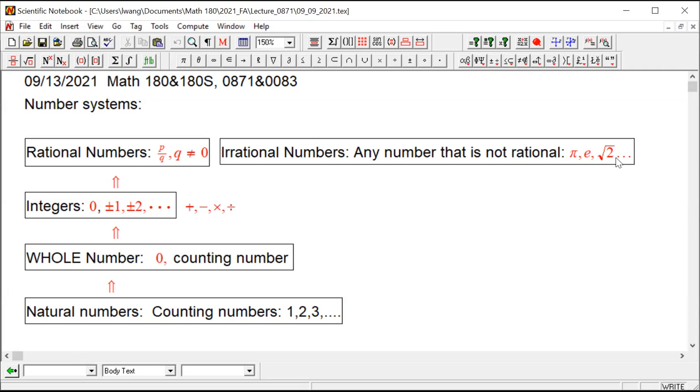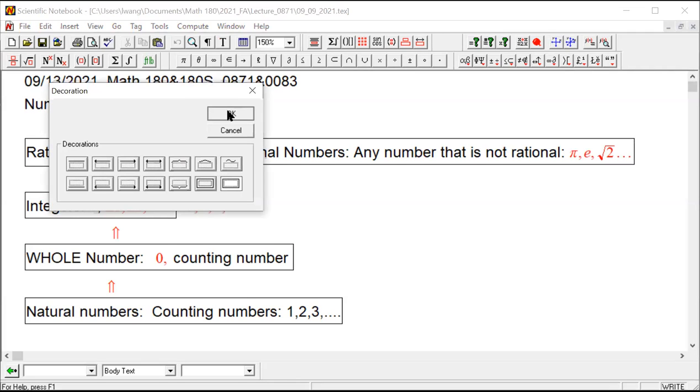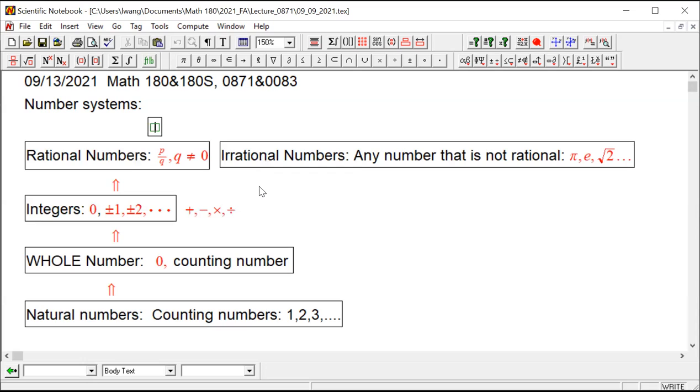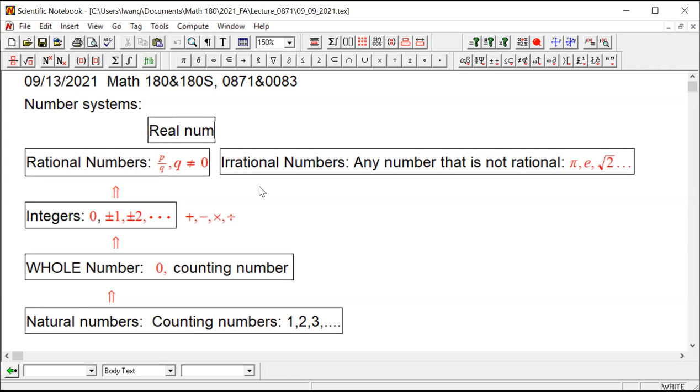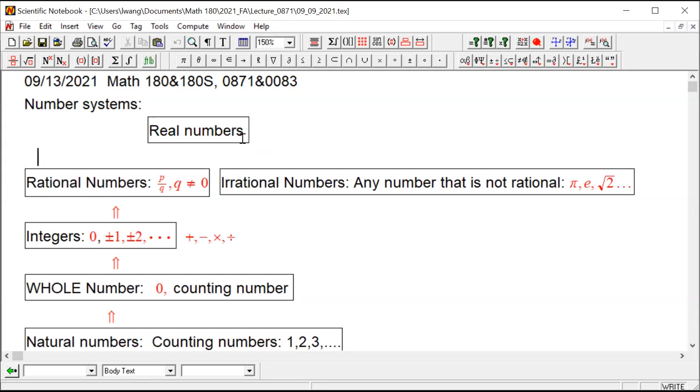So if you look at the number line, right? There's a German philosopher, and he's also a mathematician. He has proved the numbers, all of these numbers, rational, irrational, and all together we call them real numbers. They are everywhere dense on the number line, i.e., for every real number you can find a place on the number line.